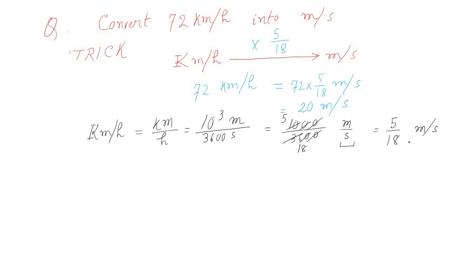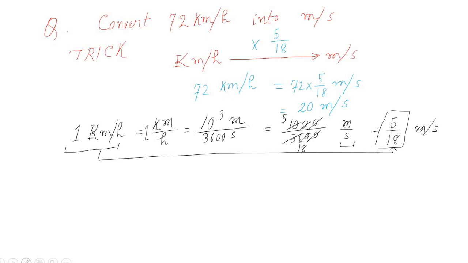So this is how we have converted it. If we have 1 kilometer per hour and multiply it by 5 by 18, we get the counterpart in meter per second.